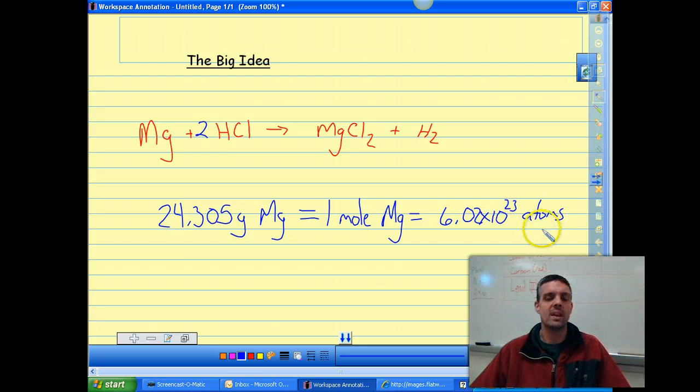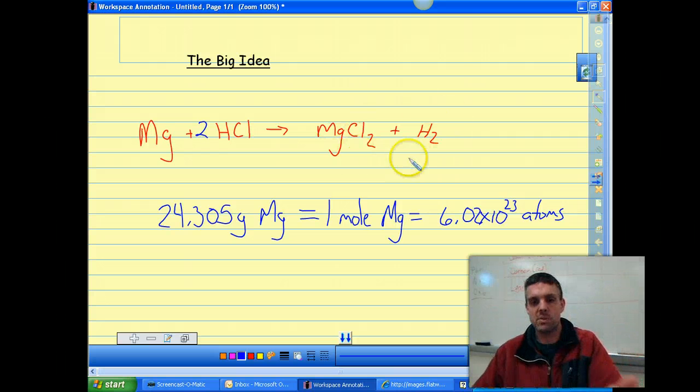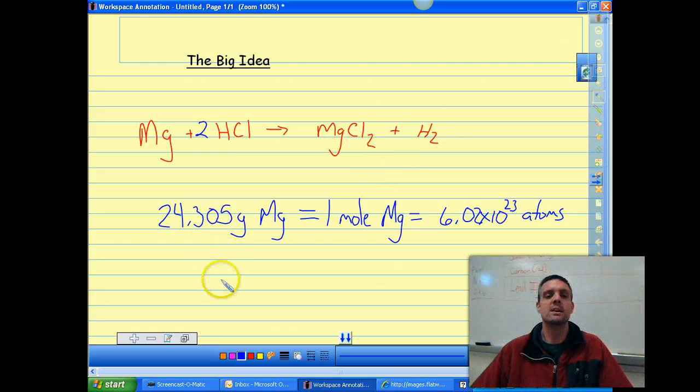Well, again, if I'm looking to have no waste, if I'm looking to use up my magnesium and my hydrochloric acid, I know I need twice as much hydrochloric acid as magnesium in order to make this reaction complete. So when I look at hydrochloric acid, I need to go to its 2 parts.